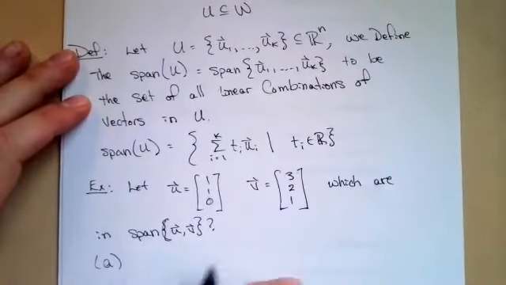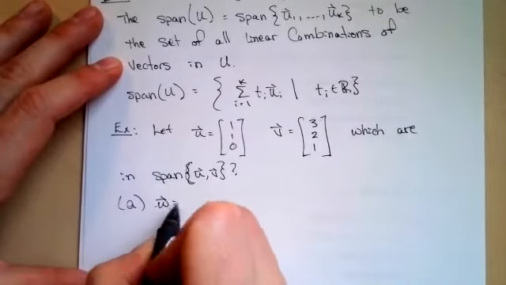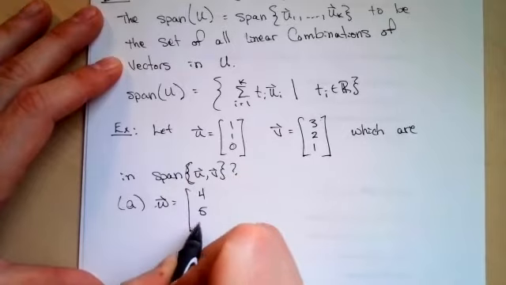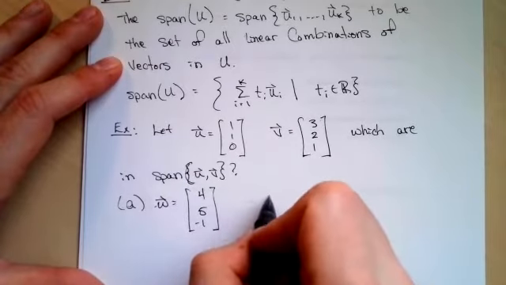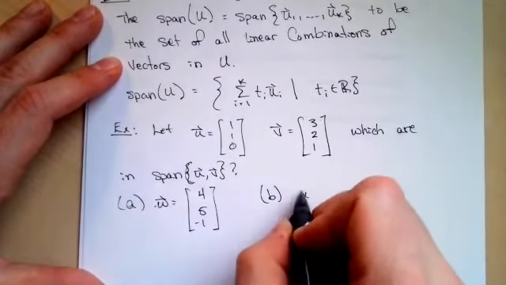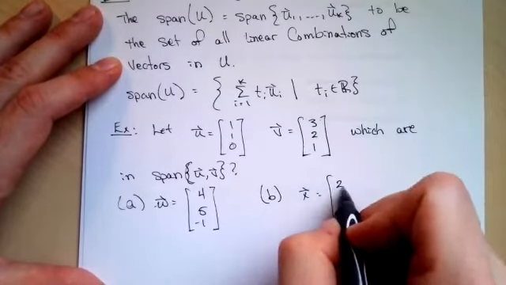I've got a few vectors we want to check. Let's say A, we've got W is equal to 4, 5, minus 1. And B, we've got X is 2, 3, 0.